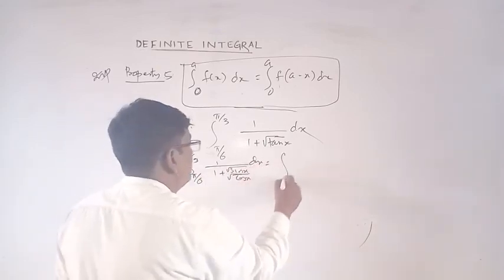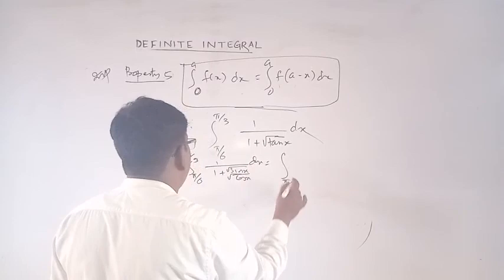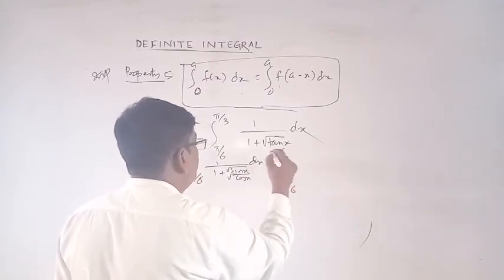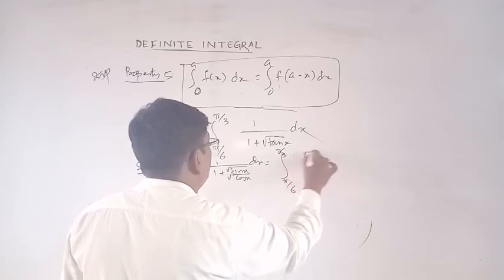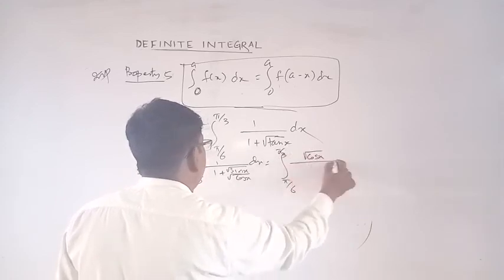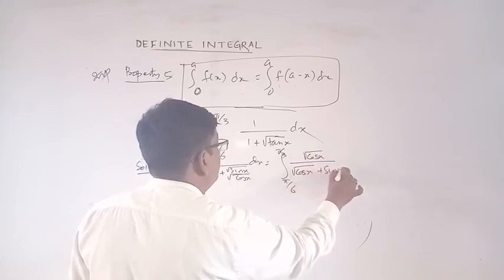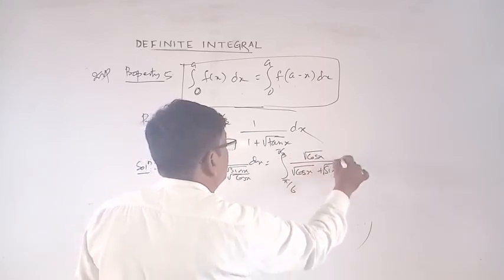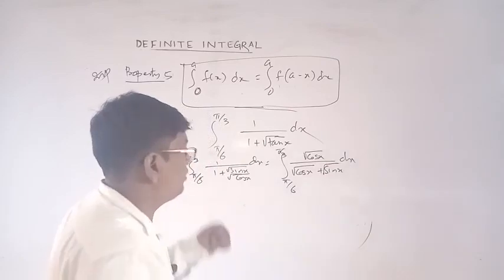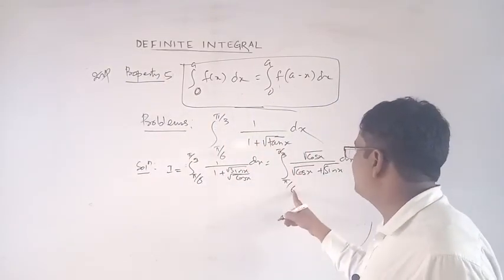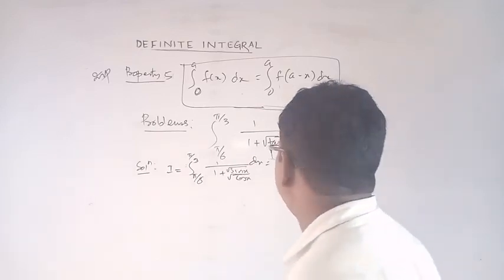That is equal to the integral from pi by 6 to pi by 3 of root cos x over root cos x plus root sin x. By property 4, where this is a and this is b, apply property 4.